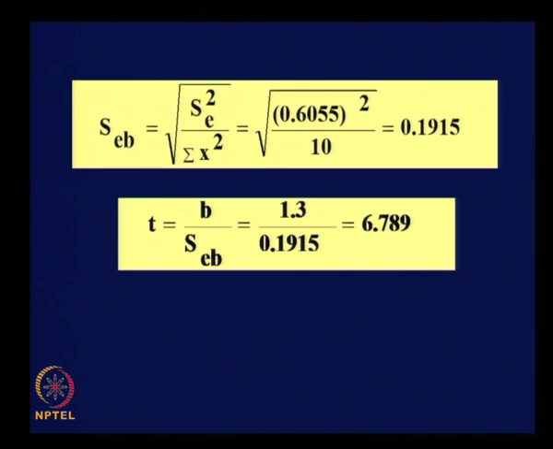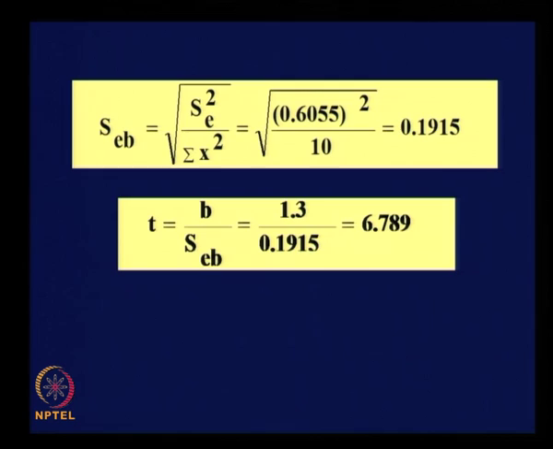So t is nothing but b by SEB, that is equal to 1.3 divided by 0.1915, which is 6.789.